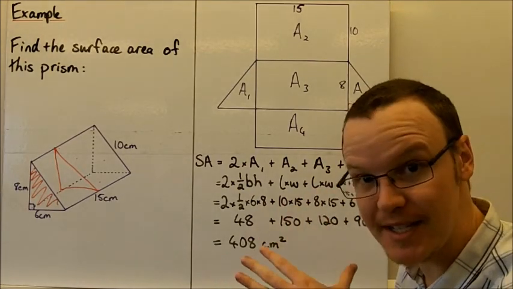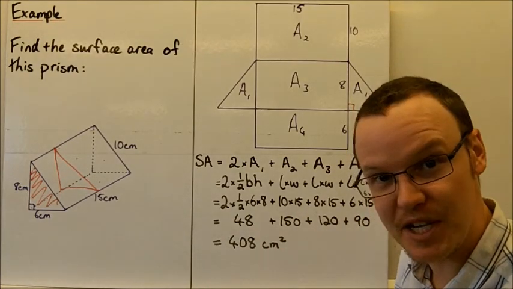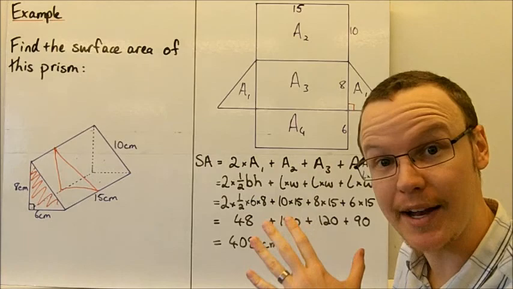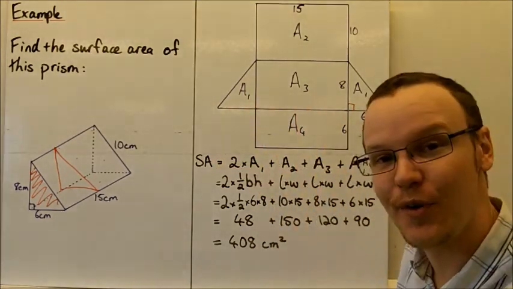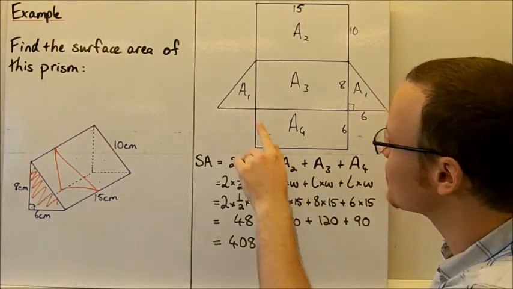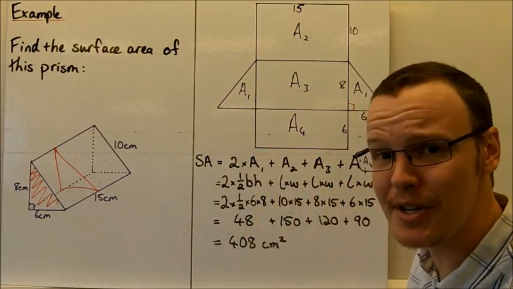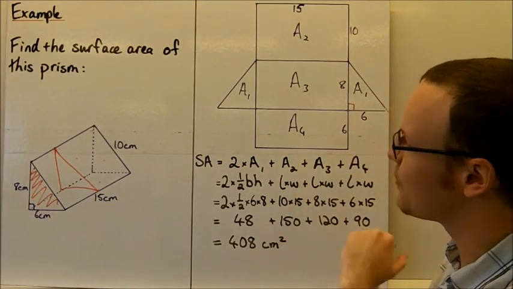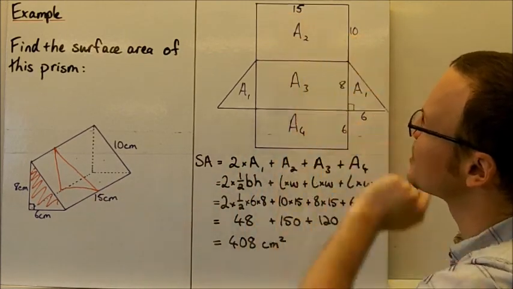So, as the basic steps for a problem like this, for working out the surface area of a prism: firstly, I turned it into a net. We folded it out into a net, and then I tried to find which shapes were the same. Here, we found the triangles were the same. Then all I need to do is add up the areas of all of the shapes, making sure that I've taken the measurements and put them on my diagram to help me out.